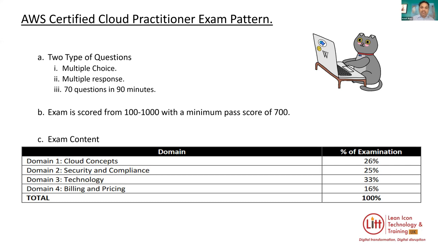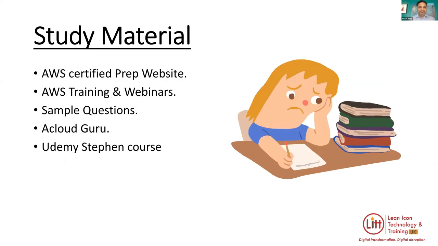So maintaining in S3 is cost effective, whereas with a server you need to deploy it and you need to maintain it. This is the type of thing they will be asking you. And again, billing and pricing, that's where they will be going through all these. You need to have a clear understanding.